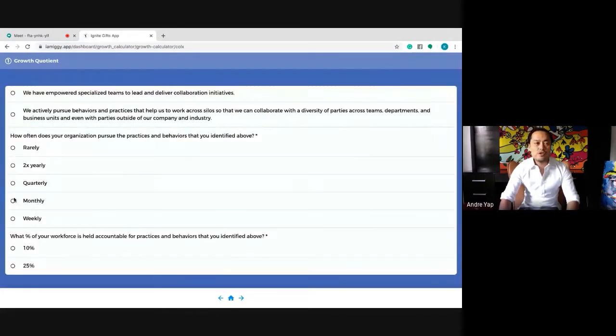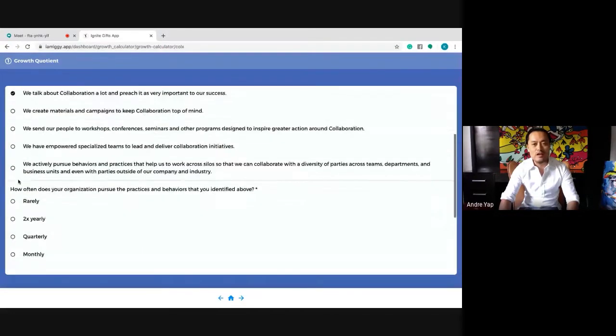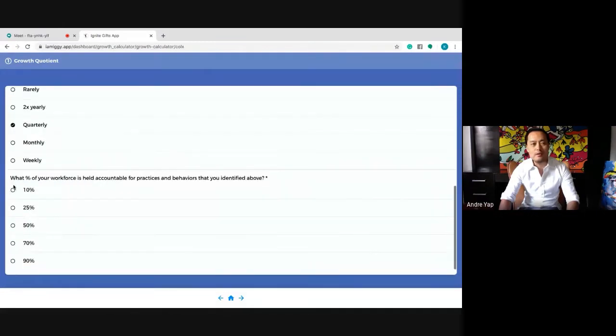For those who are just joining us, we are at iamiggy.app. It's a 3-minute diagnostic if you want to just log in and go to stop number 1, called the growth quotient. And if for some reason you can't, don't worry, this does not hinder at all your ability to go through Launchpad.